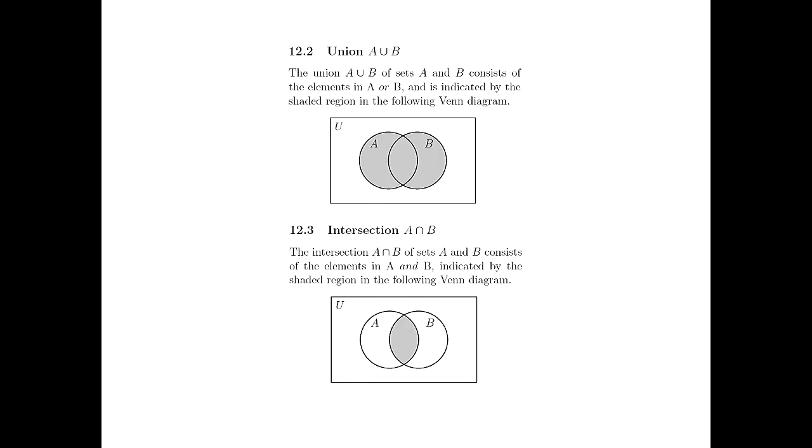Okay. So, in that case, let's do some questions. What are some things in this union? Name me some of them. 1, 2, 3, 5, and 7. So all the stuff. But notice, of course, that 2 is not in here twice or anything because you only go into a set once.